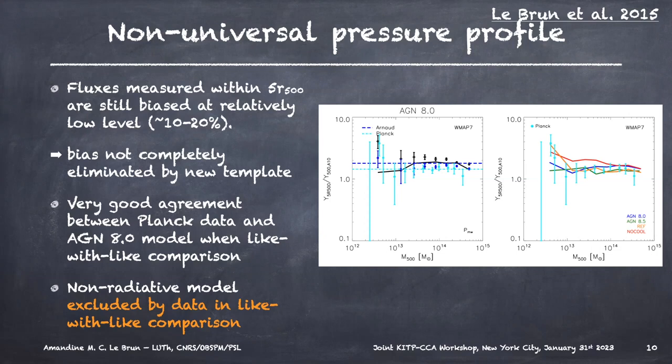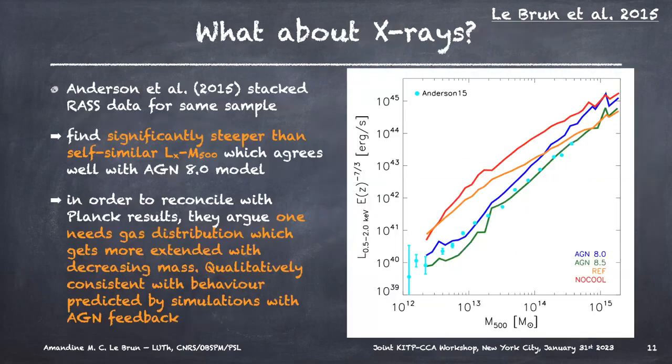If you focus on the plot on the right, you now have good agreement between the model that contains the AGN and the Planck data in cyan, whereas on the initial plot, it was agreeing with the non-radiative universe, which is now ruled out by this like-with-like comparison.